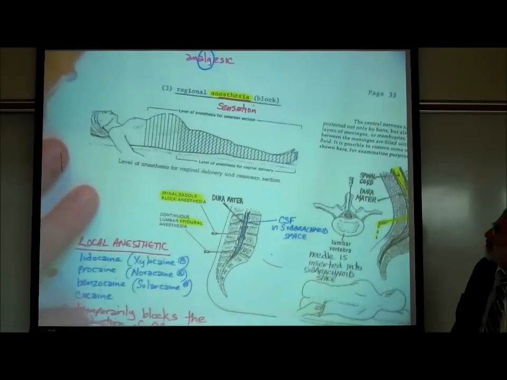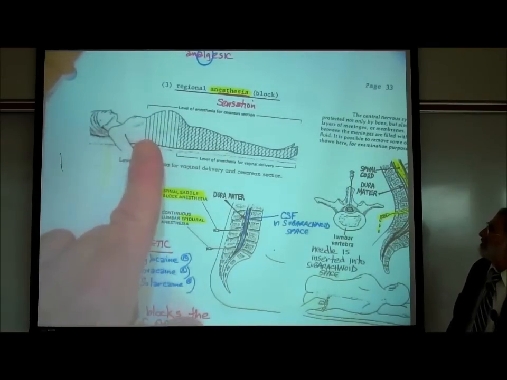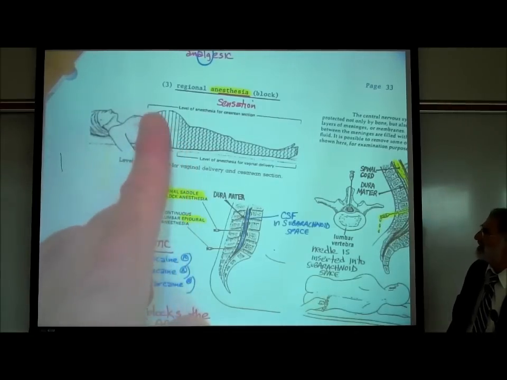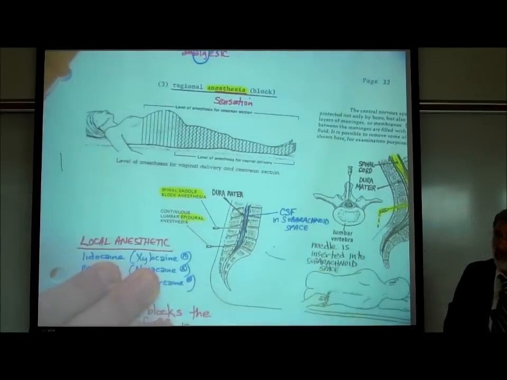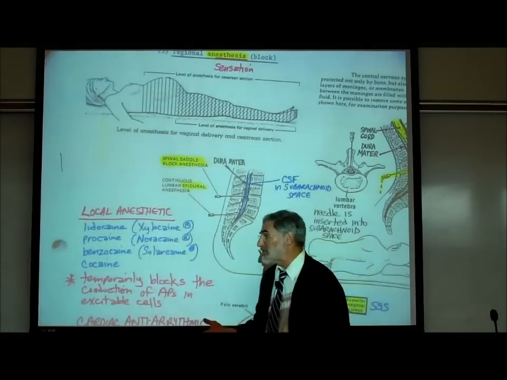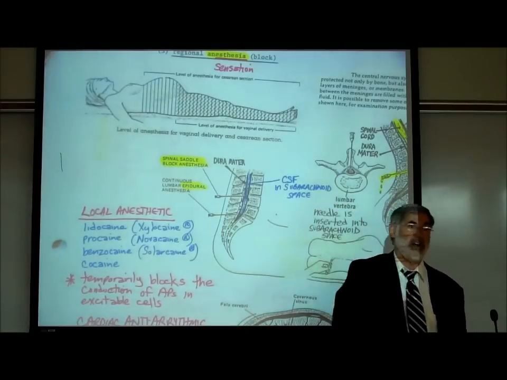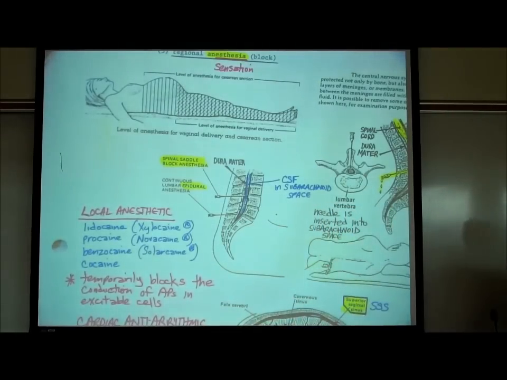So when a woman is given either a spinal block or an epidural, she loses sensation and has paralysis from the level of the lower chest all the way down to her toes. For as long as that drug is exerting its effect, there is both loss of sensation and paralysis. Under the influence of either a spinal block or an epidural, you can't just stand up and start walking.